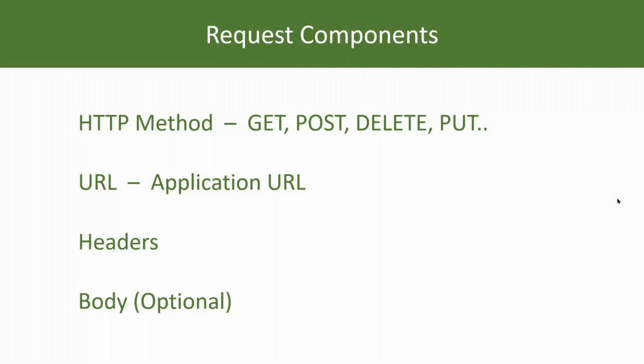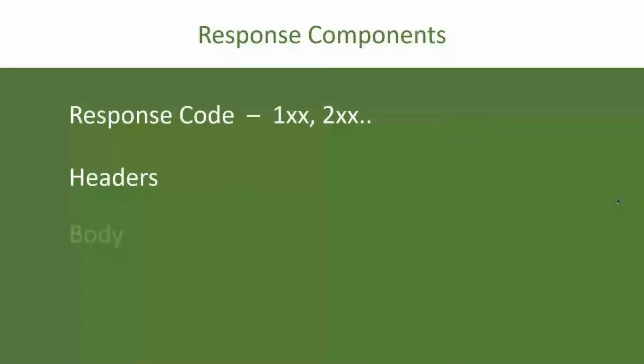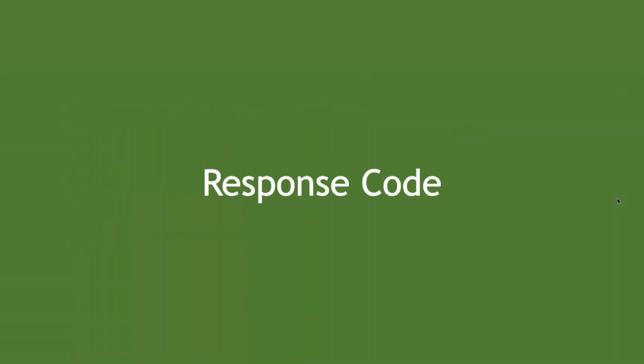Method, URL, and headers are required. It's mandatory. Without that, it is an incomplete request. And for the response, these are the three components: response code, also called the status code, which gives us information on what kind of response we have got, and headers and its body.